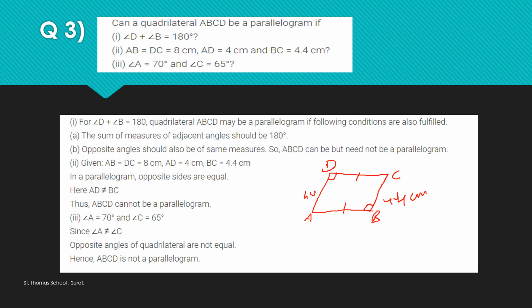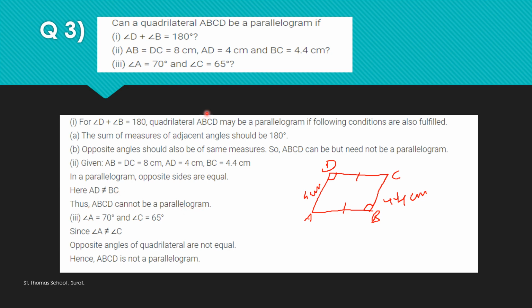Both are equal? No, they are not equal, right? Both are different. We have studied that in a parallelogram, opposite sides are equal, but they are not equal. So AD is not equal to BC, thus ABCD cannot be a parallelogram.